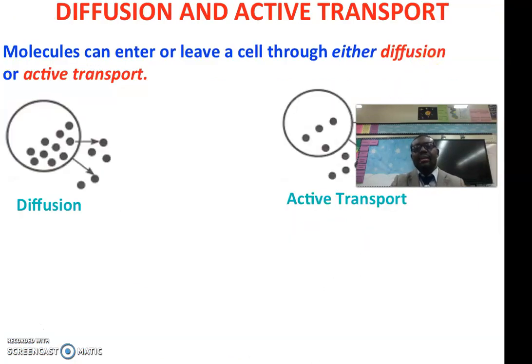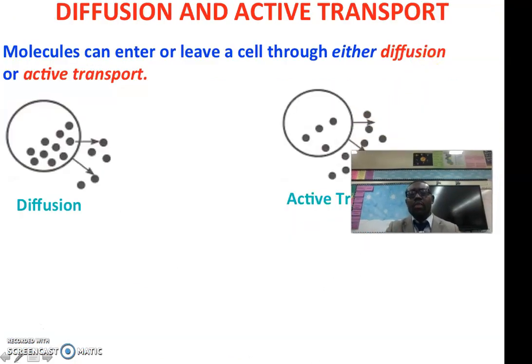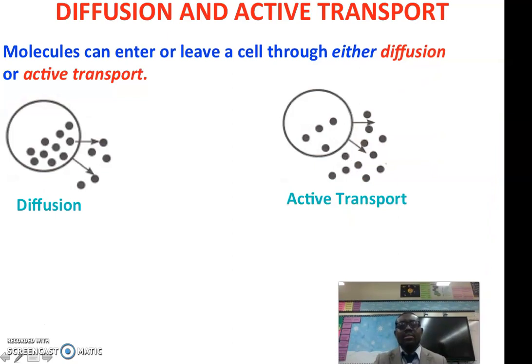So let's look at how molecules move across the cell membrane. Molecules can move in two main ways, diffusion and active transport. The diagram on the left shows the process of diffusion.